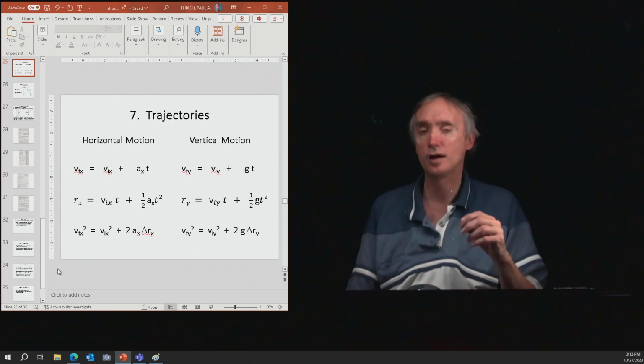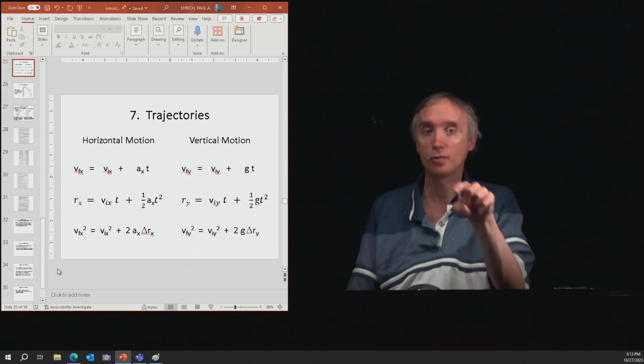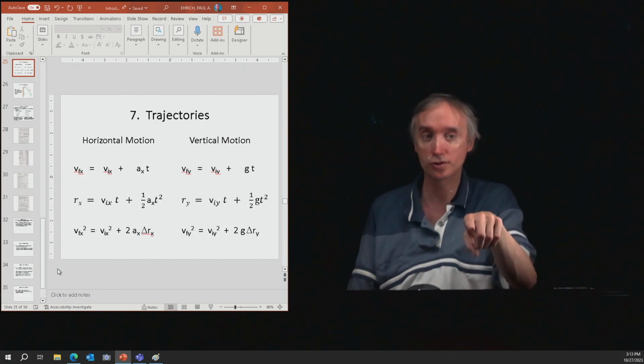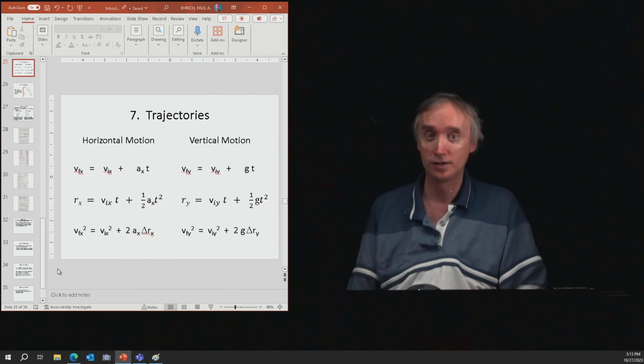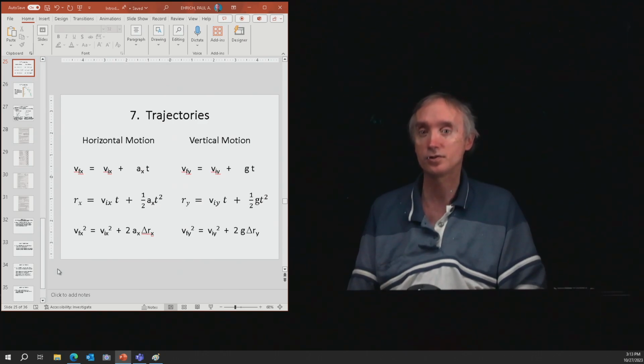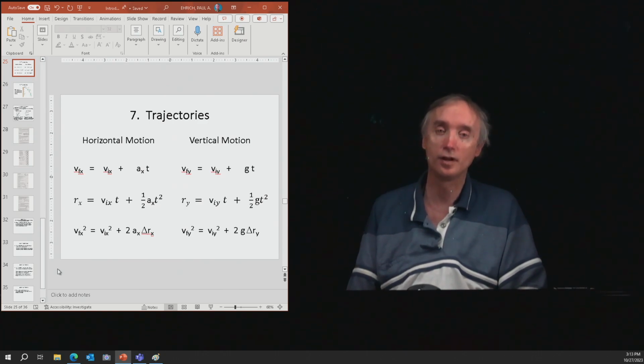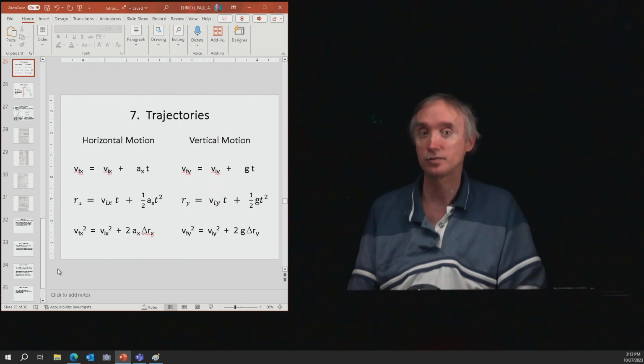But since we're dealing with both horizontal and vertical motion at the same time, you notice I had to put more subscripts. So I said, what was the final velocity in the x direction? What is the initial velocity in the x direction, and so forth.